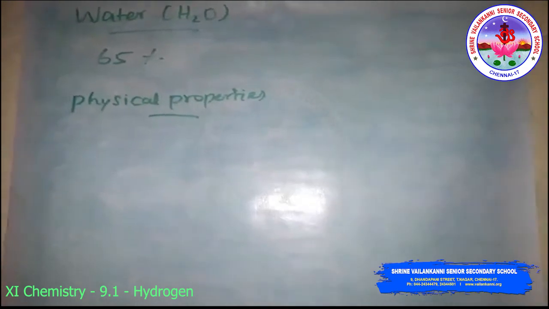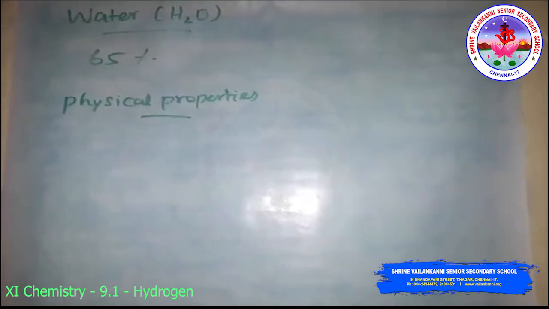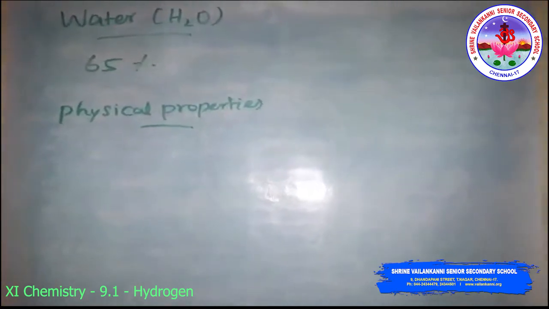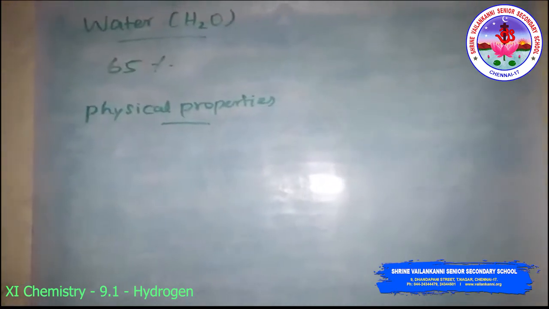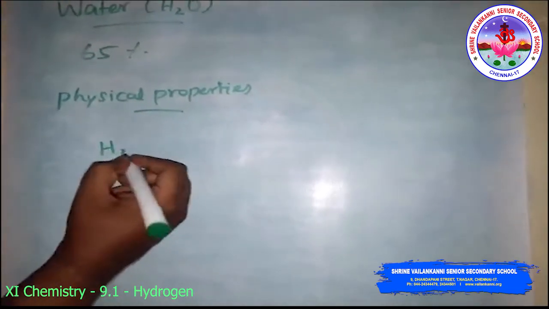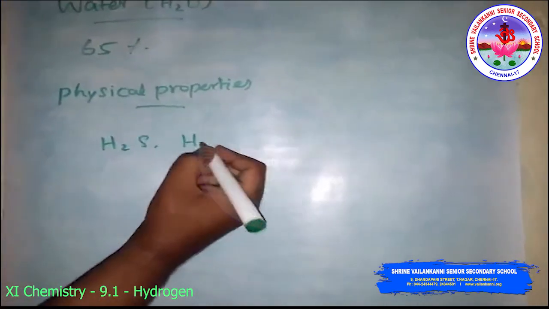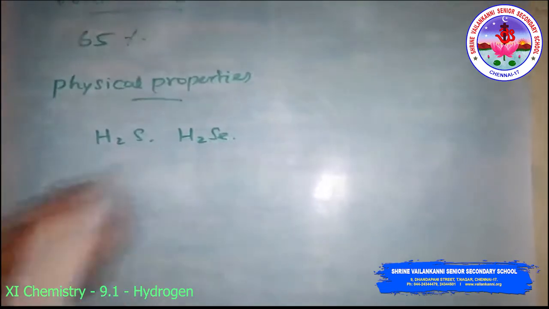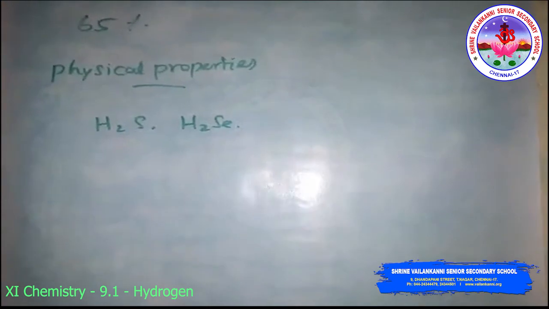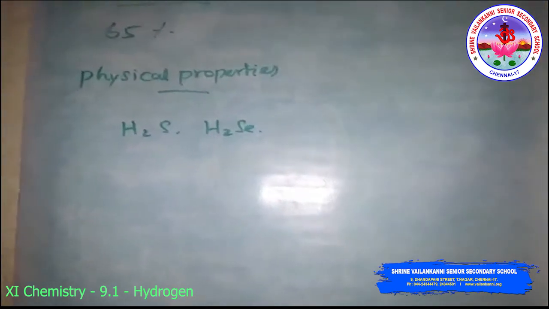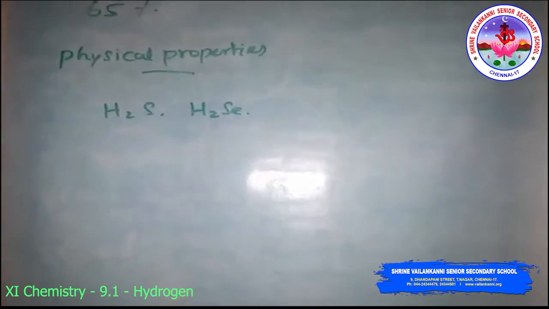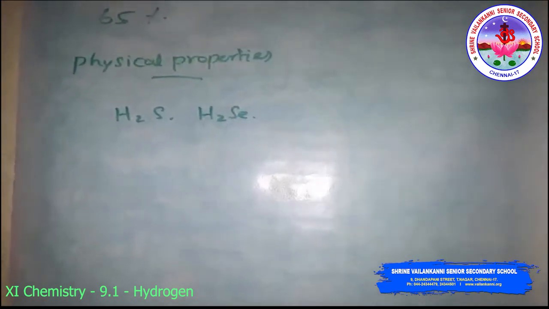This leads to high freezing point, high boiling point, high heat of vaporization, and high heat of fusion in comparison to H2S and H2Se. In comparison to other liquids, water has a higher specific heat, thermal conductivity, surface tension, dipole moment, and dielectric constant.